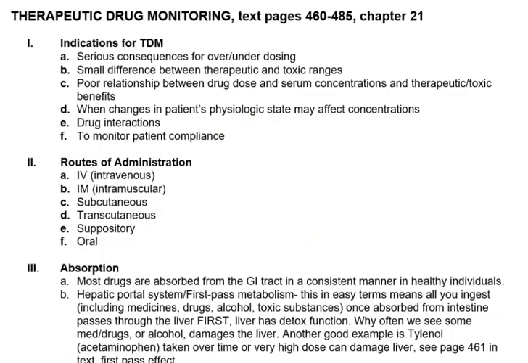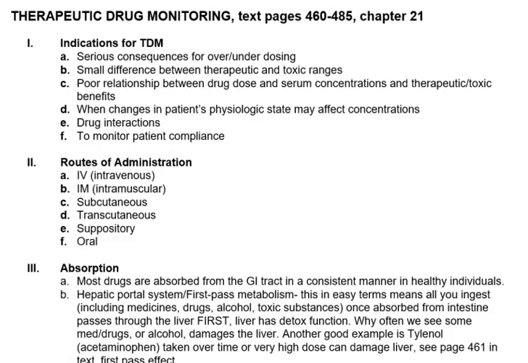So some indications we need to consider when talking about therapeutic drug monitoring: Are there serious consequences for over or underdosing patients? There's a small difference between therapeutic and toxic ranges. There's a poor relationship between the drug dose, or the amount of the drug, and the serum concentrations and therapeutic or toxic benefits.